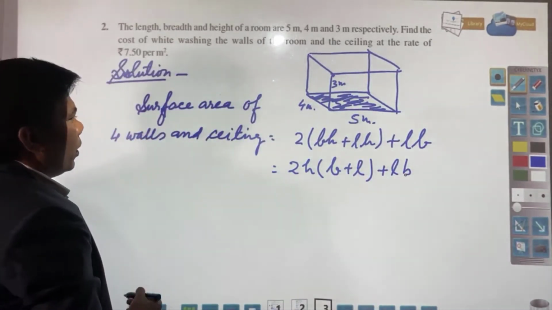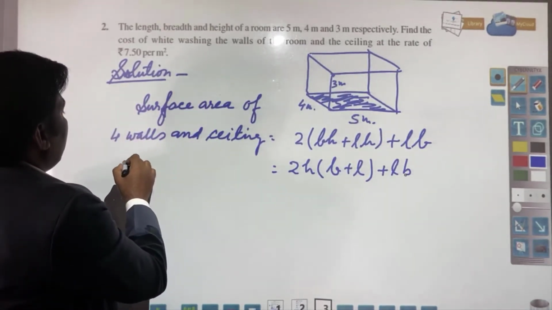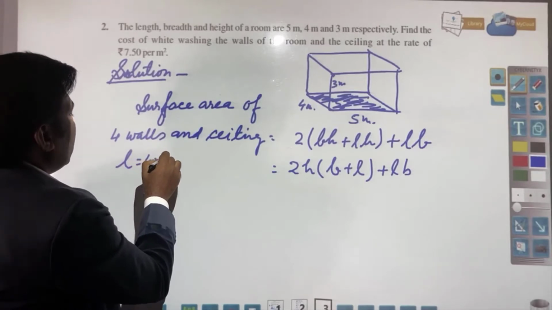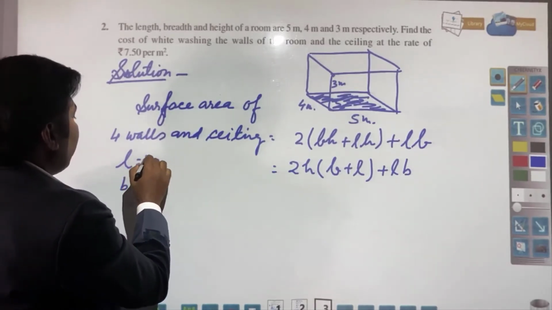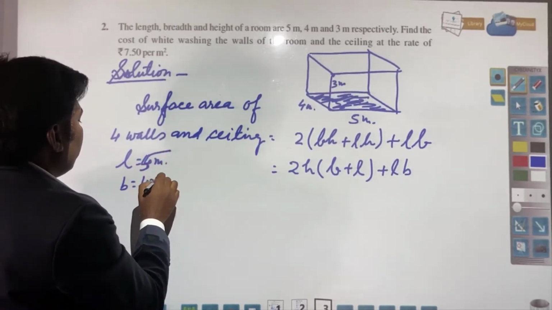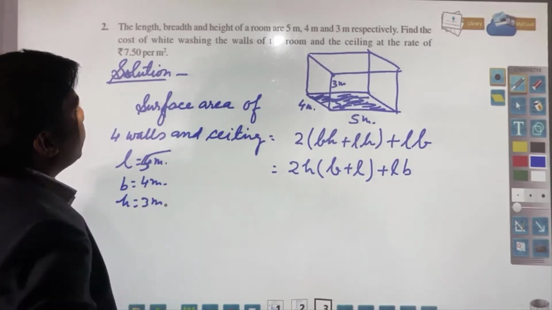So now you put the value. It has been given L is equal to 5 meter, B is equal to 4 meter, and H is equal to 3 meter. Just you put the value.